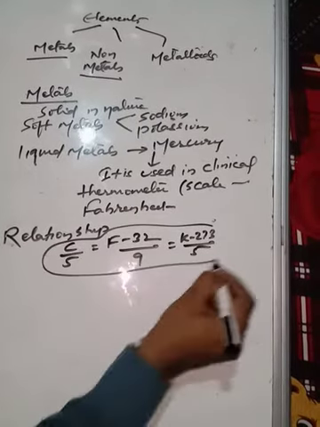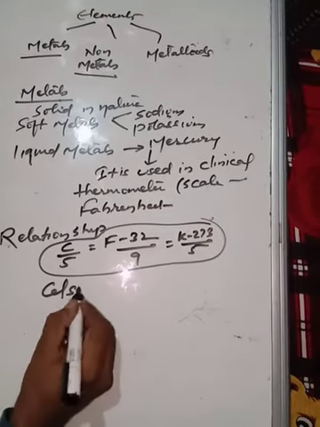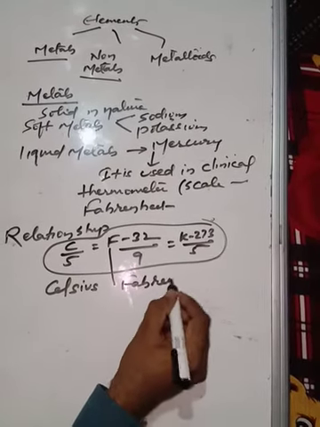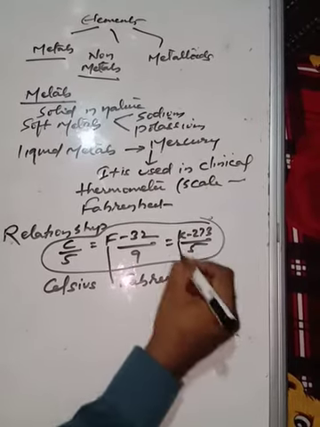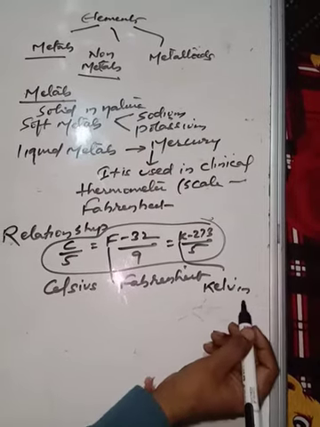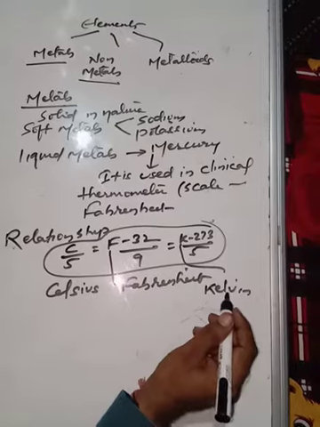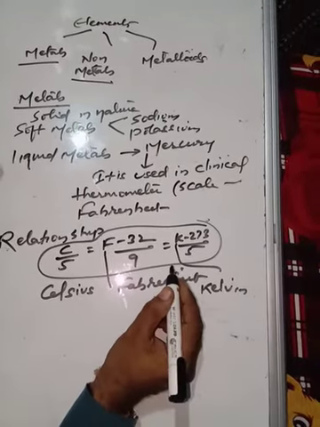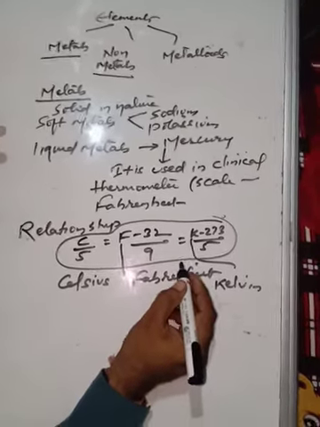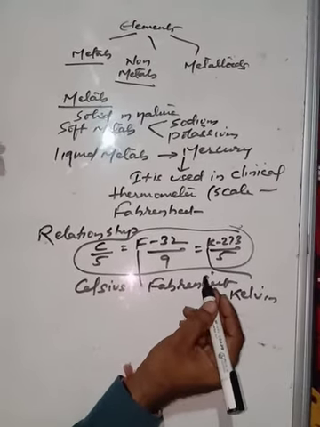This is the relation between them, where C stands for Celsius, F stands for Fahrenheit, and K stands for Kelvin. We are not moving through all the other properties, because we are going through the metals, non-metals and metalloids with some specific unique properties.